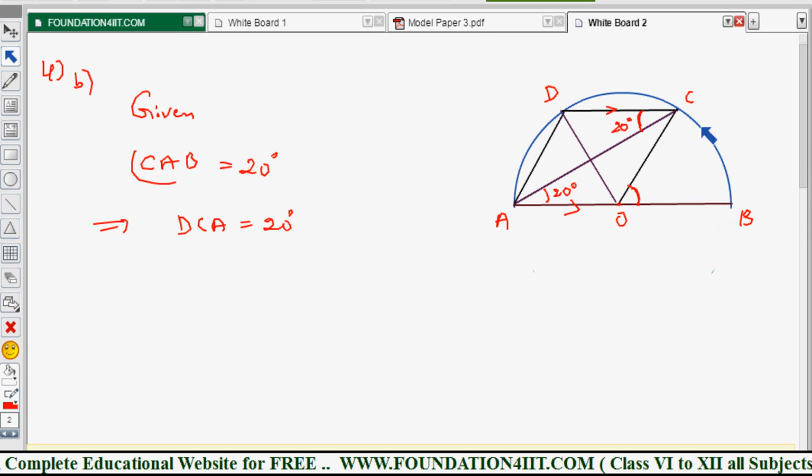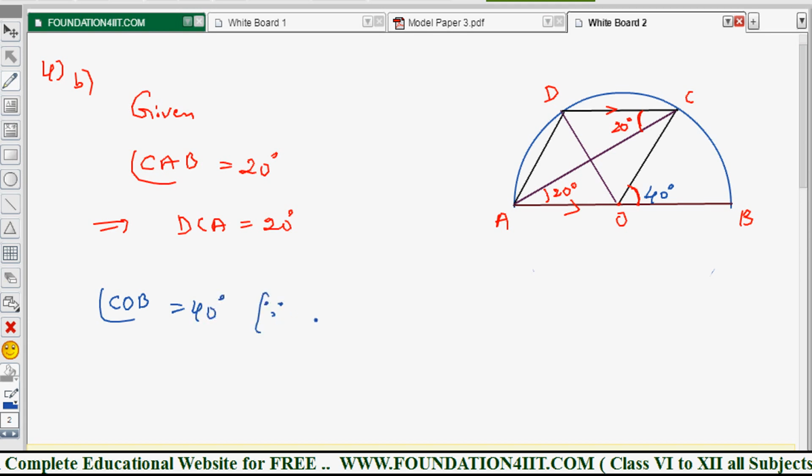This is the arc, this angle subtended at the center is double, and the one subtended at the remaining part is half. So if it's 20, this must be 40. So this is 40 degrees, and angle COB at the center is equal to 40 degrees.